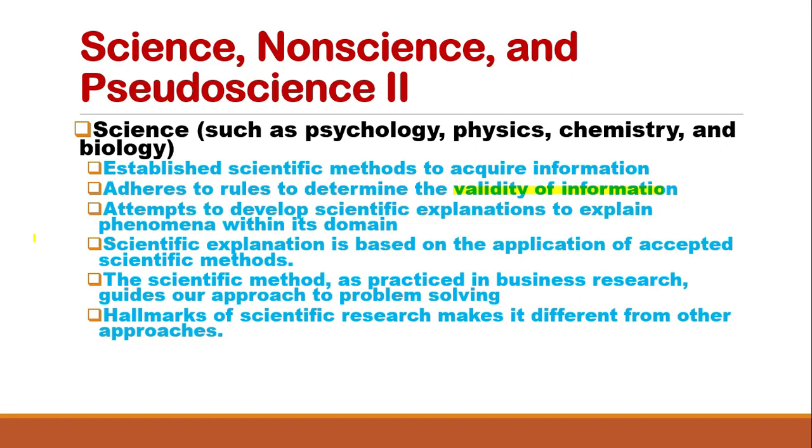These are just our intuitions, or perhaps beliefs based upon one or two cases that we have just observed. In essence, a scientific explanation is based upon the application of accepted scientific methods. And as we proceed in this course, you will learn more about that. And there are certain hallmarks of scientific research we will discuss later in this chapter.